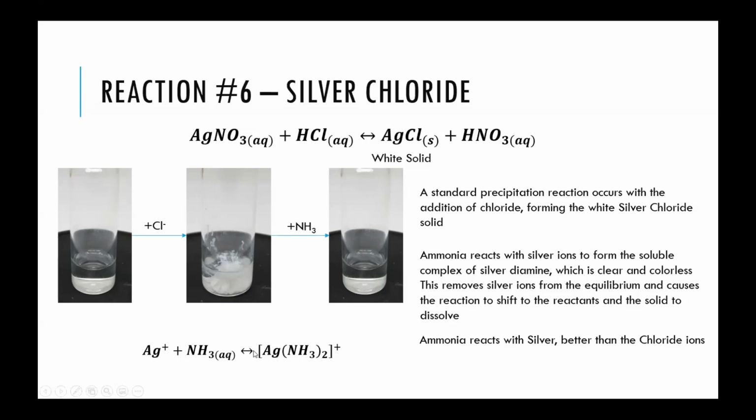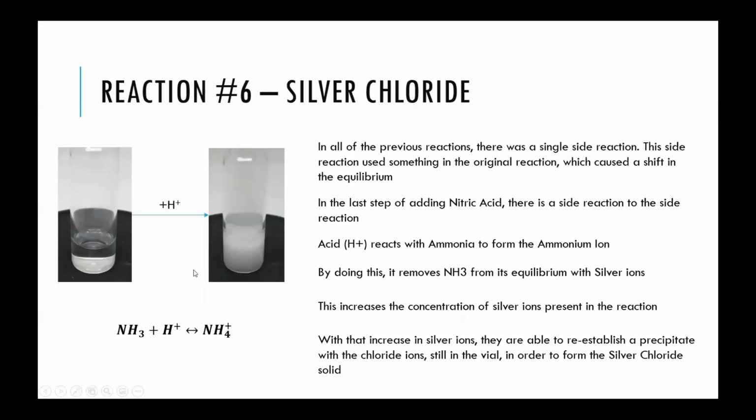All of this occurs in the same test tube, in the same reaction vessel. So the chloride that was initially there is still there. Now, however, the silver is no longer hooked on to the ammonia. It's free floating back in solution. So now you added silver back into this initial step where it can form the solid silver chloride again.